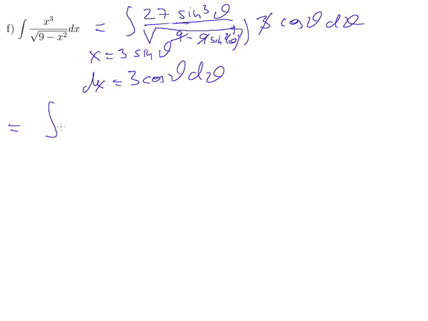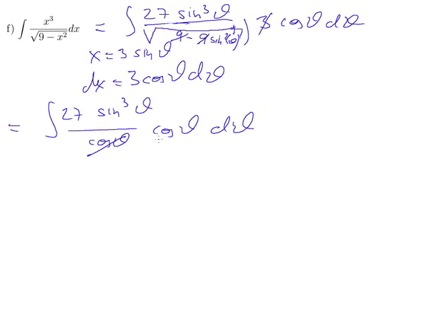So we get this integral. The cosine in the denominator cancels with the cosine here. So we have simply 27 times the integral over sine cubed of theta d theta.